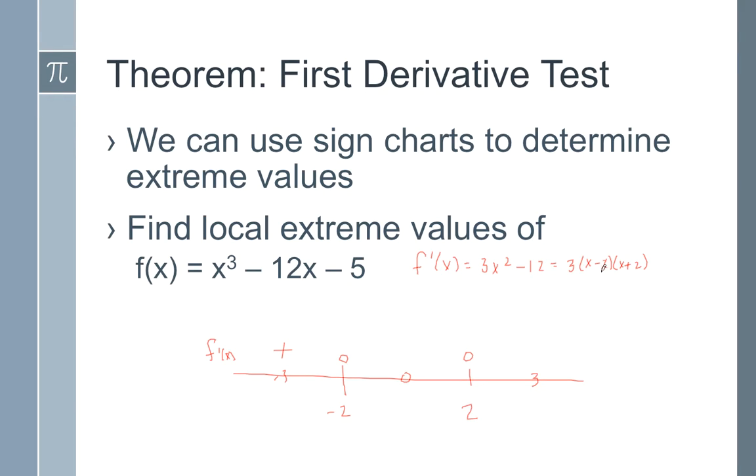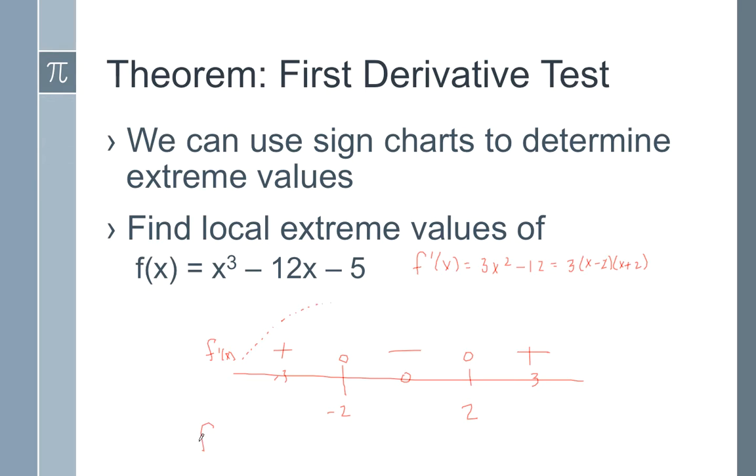At 0, you plug in 0, you get a negative value. So the derivative is negative between the two critical points. And if you plug in a 3, you get positive. So this particular function is positive here. This is f of x, by the way. The slope is positive, and then the slope is 0.